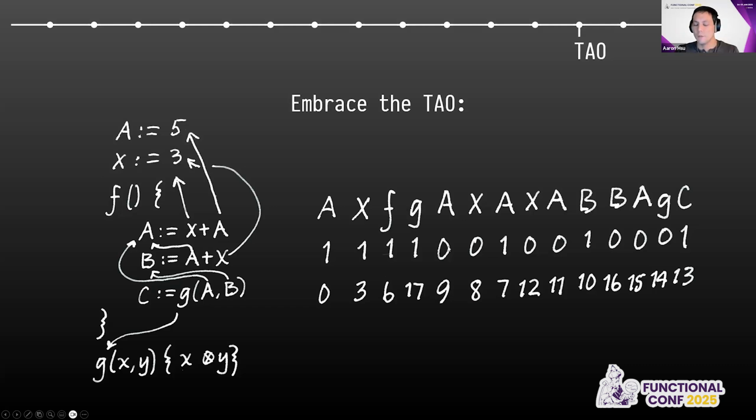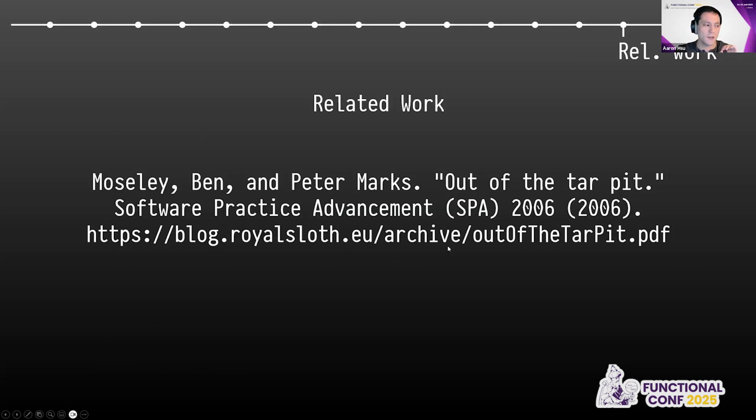Now, if you've been paying attention, you should recognize that this is not just an APL concept. Mosley and Marx talked about out of the tar pit, they talked about a model of programming, which was essentially relational data manipulated through an extended relational algebra. And essentially we're doing that, but using the syntax of APL as a really nice way of working with things.